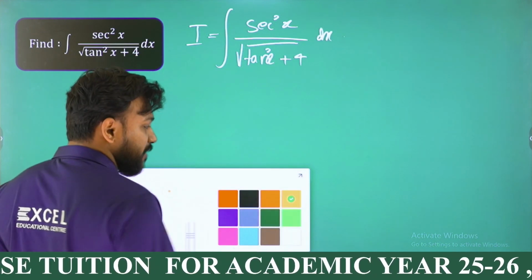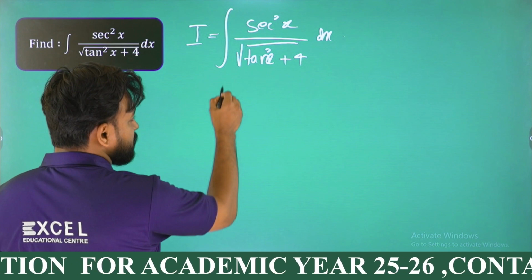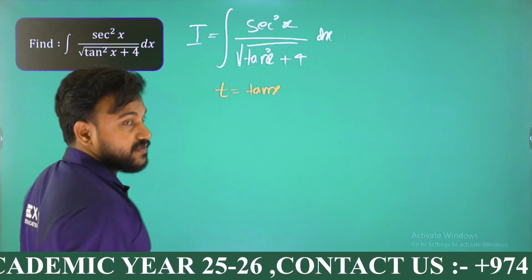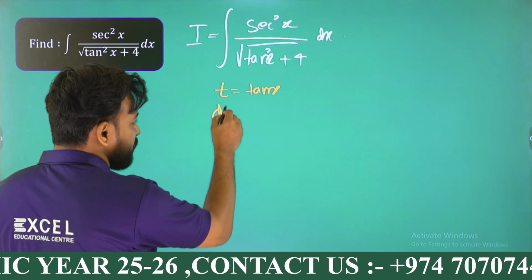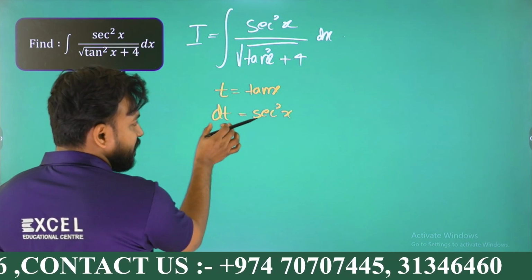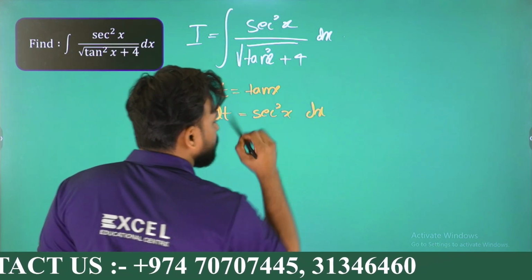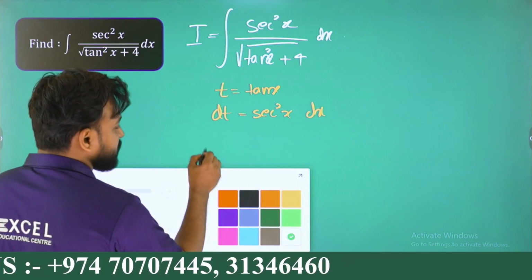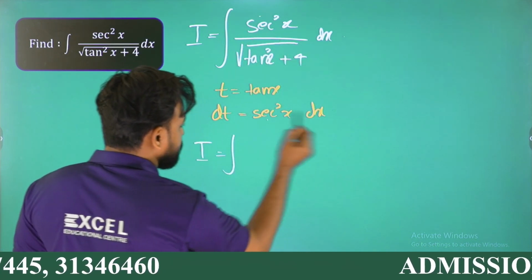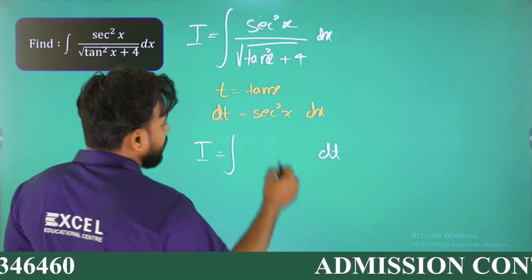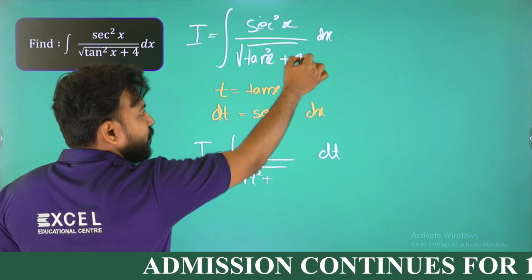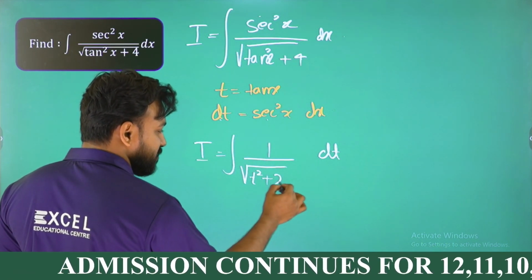First of all, I'm going to do substitution here. t is equal to tan x. I can see the derivative of tan x in the numerator, which is sec square x. The derivative of tan x is sec square x, and the dx I will take to this side. After that I can perform the substitution: sec square x into dx becomes dt, and in the numerator there is nothing, root of t square plus 4, where 4 can be written as 2 square.